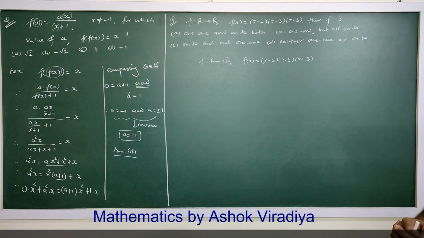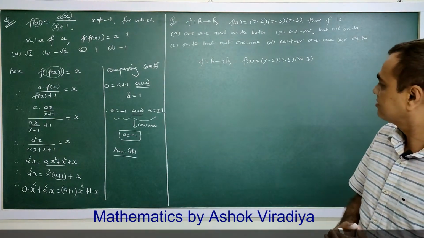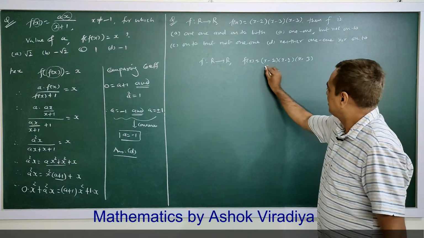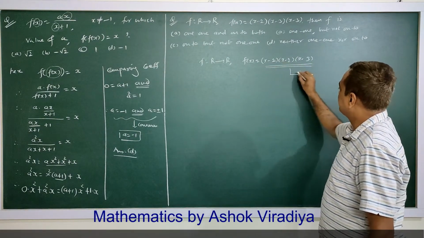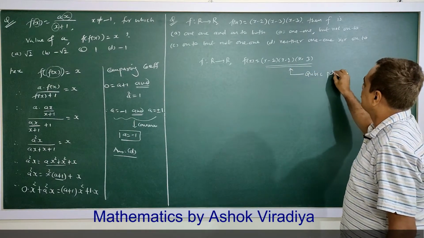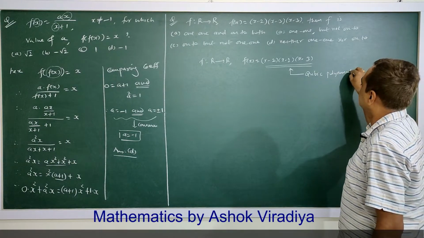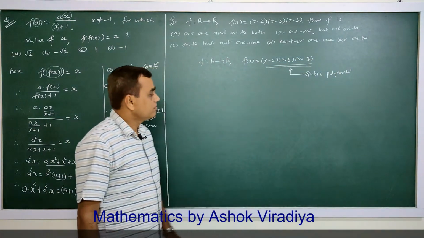Now see, we want to check, is it 1-1, is it onto? So look at this formula, this is a cubic polynomial, and given in factorized form.